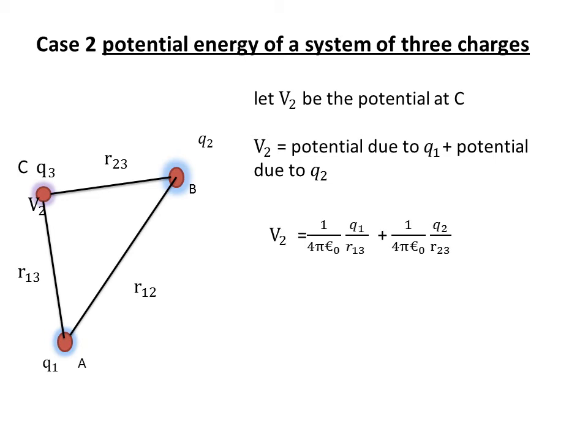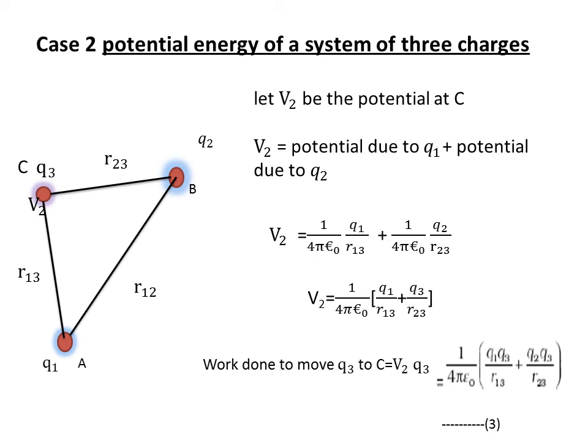The potential due to q1 is 1 by 4 pi epsilon 0 q1 by the distance between them r13 plus potential due to q2, 1 by 4 pi epsilon 0 q2 by distance between q2 and q3, r23. Let us take the 1 by 4 pi epsilon 0 outside. So V2 is equal to 1 by 4 pi epsilon 0 into q1 by r13 plus q2 by r23.